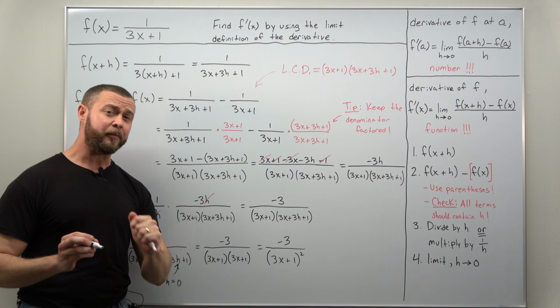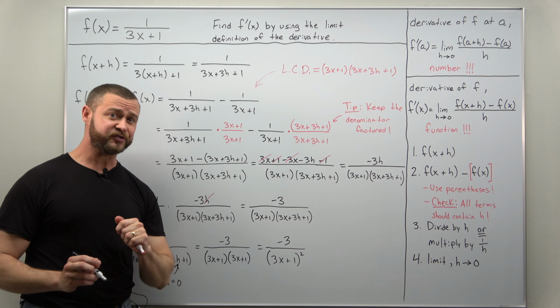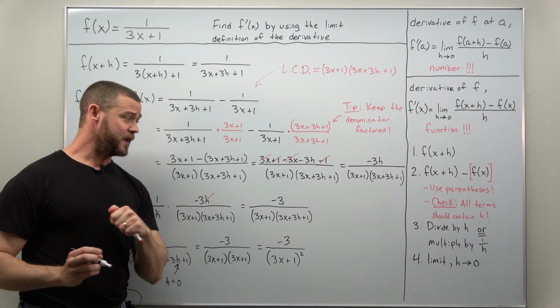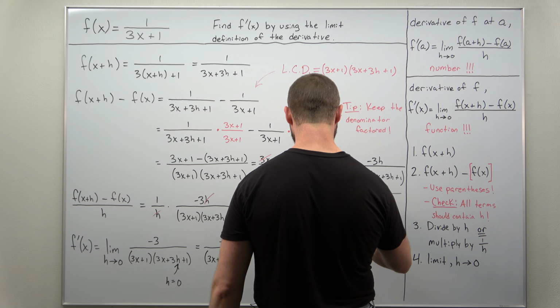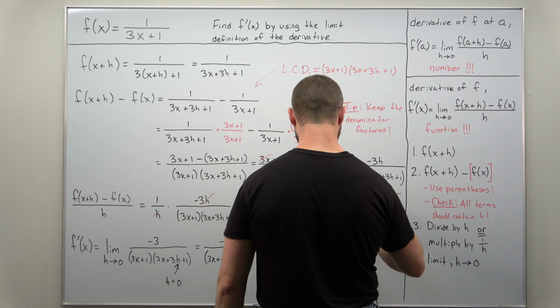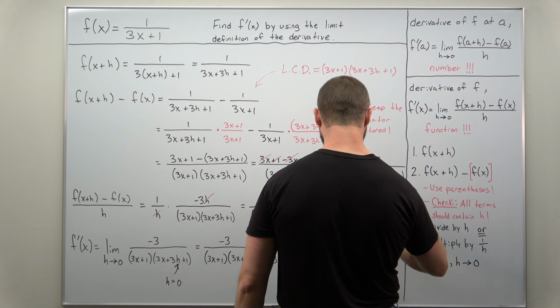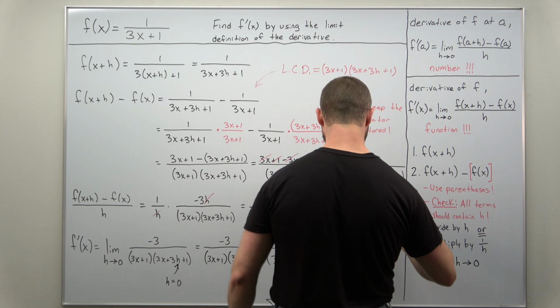Like in the previous problems, let's just write down our answer triumphantly because we got through this. We have our function f of x as 1 over 3x plus 1.